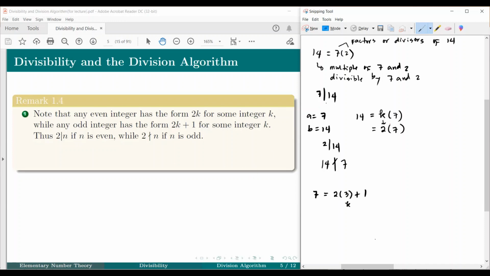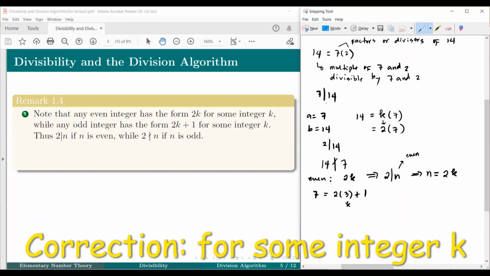Thus, in this case, for even, we can represent any even number as 2k for some integer k. Hence, we can say that 2 divides n for any even integer n. Because we can write n as 2 times any integer.